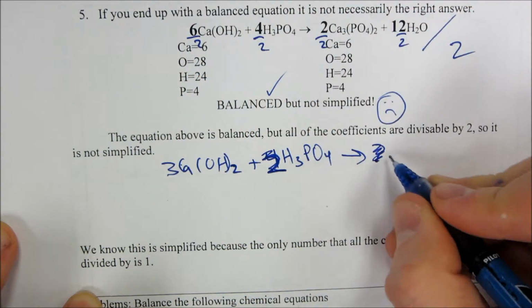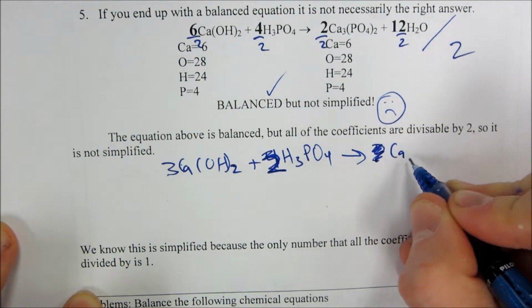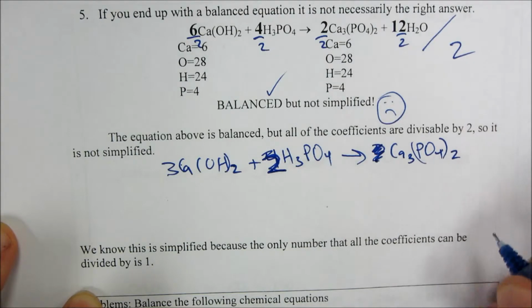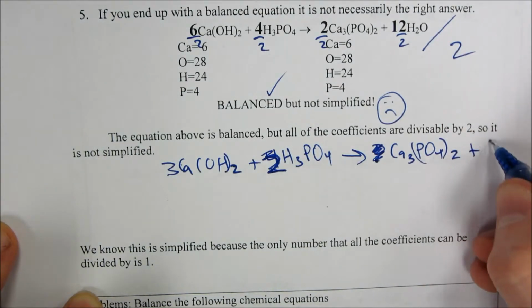If there's just one of these guys, you don't need to write any number at all. We can just write calcium phosphate and 6 waters.